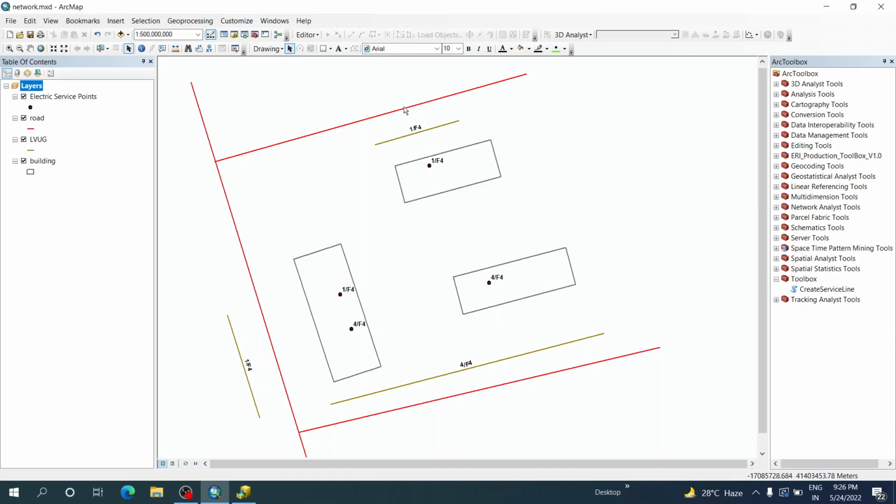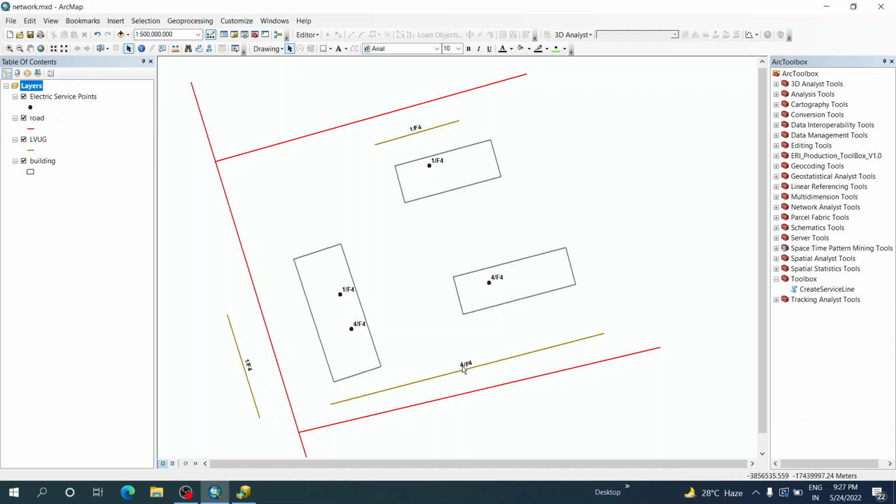Since then, I was thinking of automating one process that we did manually at that time. The process is to connect the meters, the electrical distribution points, to the concerned feeder. For example, this line, as you can see, is feeder number 4.